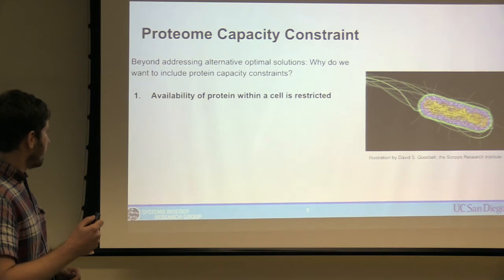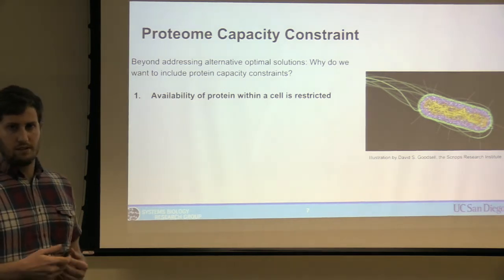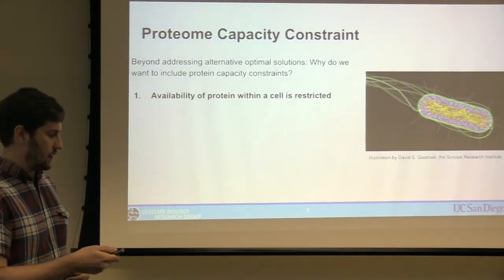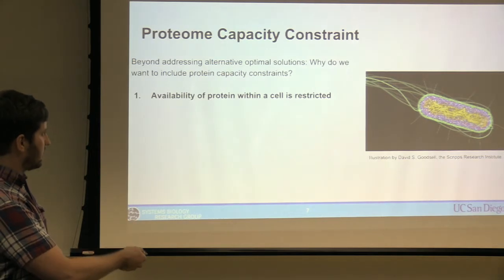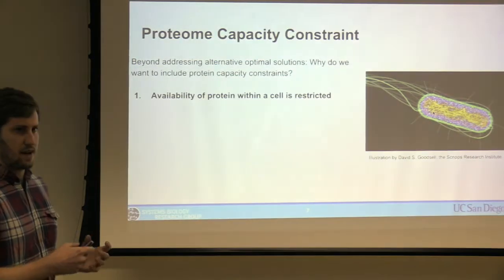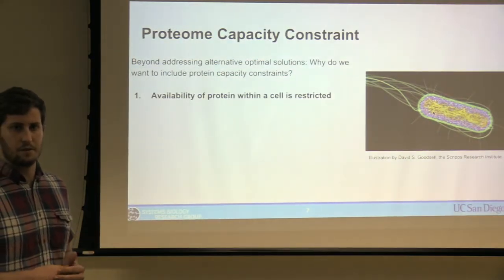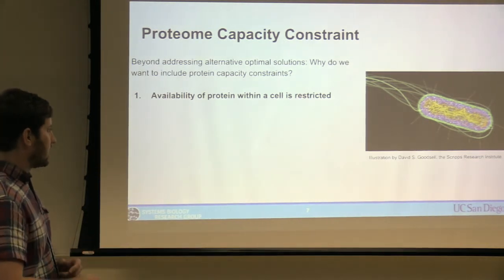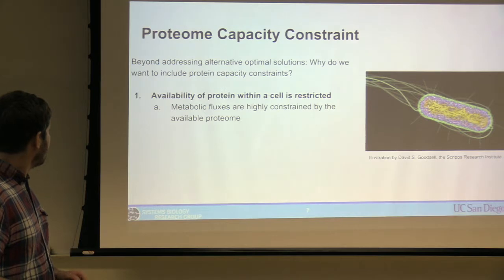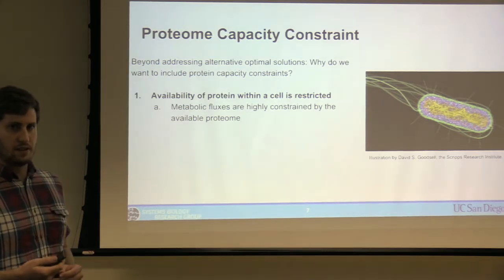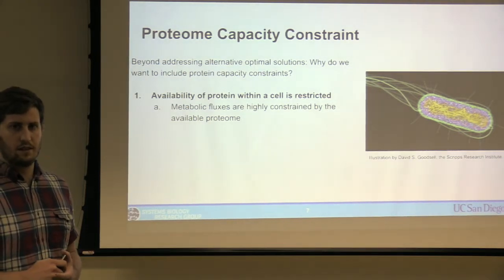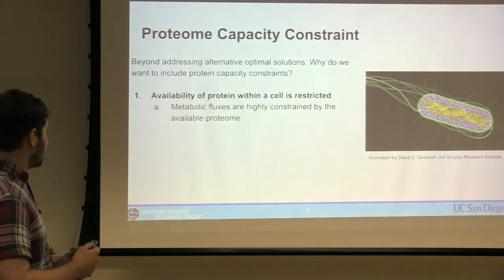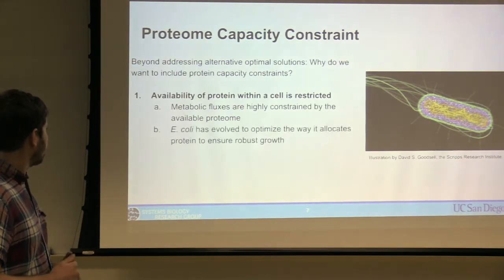One of these reasons is that the availability of protein within the cell is inherently very limited. This is shown pretty well in this figure here, where you can see how densely packed the protein and everything really is in an actual growing organism. As a result, the metabolic fluxes that are catalyzed by all those proteins are very restricted.